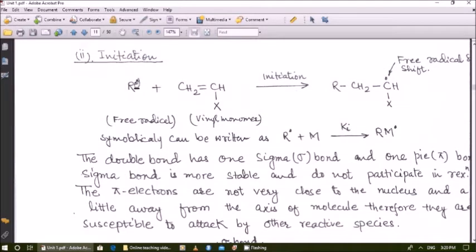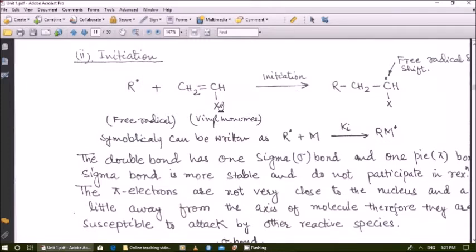In the initiation step, the free radical R dot will attack the vinyl monomer, and here we are writing the vinyl monomer as CH2 double bond CHX. Here X may be anything. For example, if X is equal to OH, then it will become polyvinyl alcohol.